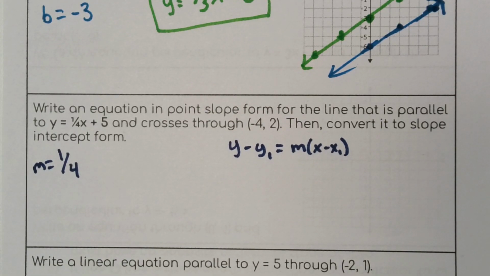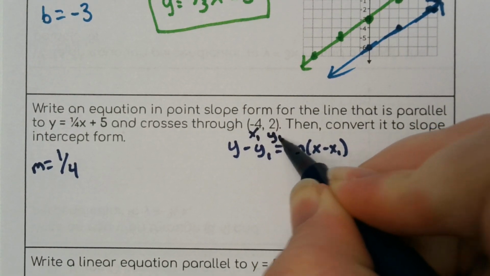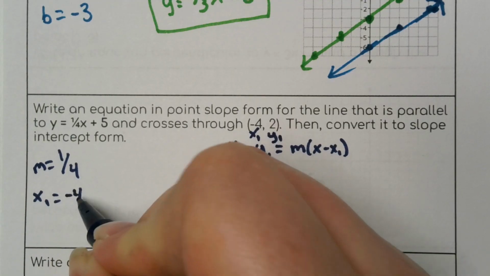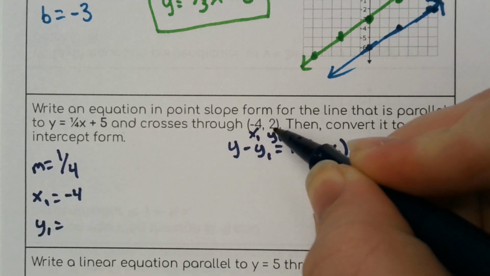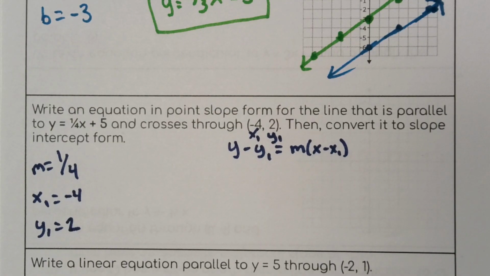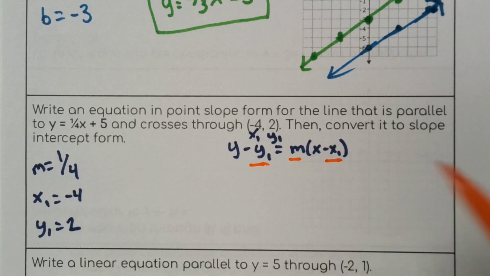Okay, we don't know our b this time, but we have an x1 and a y1. So I'm going to label my x1 is -4. My y1 is 2. So plugging this in, remember we only change these 3 parts.